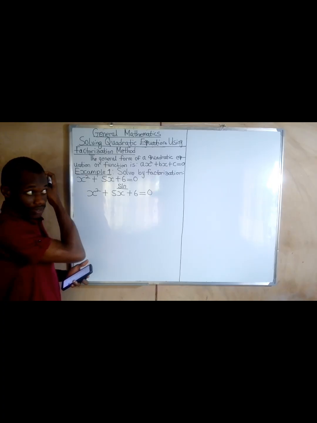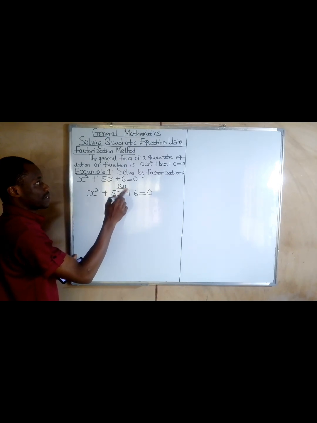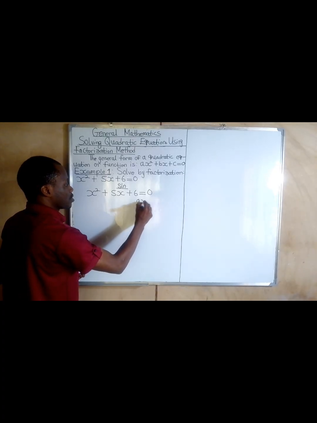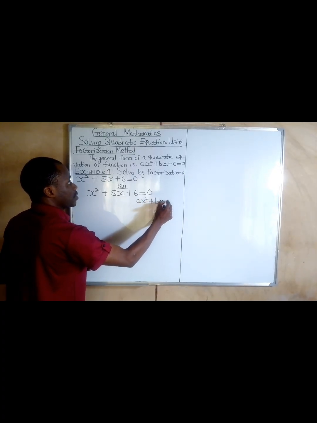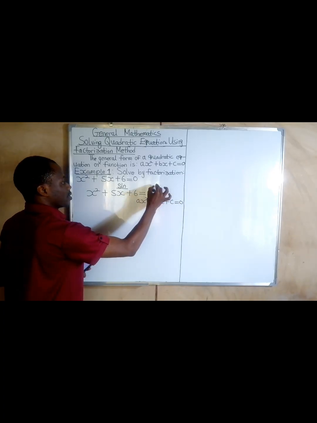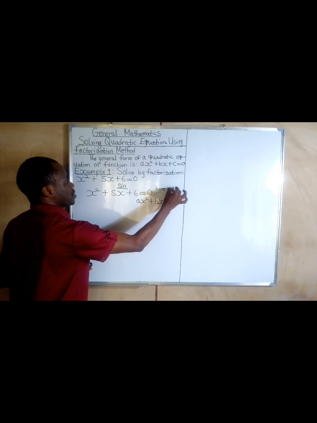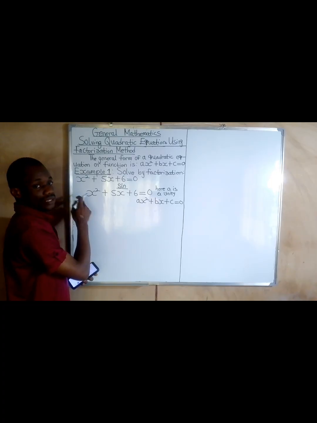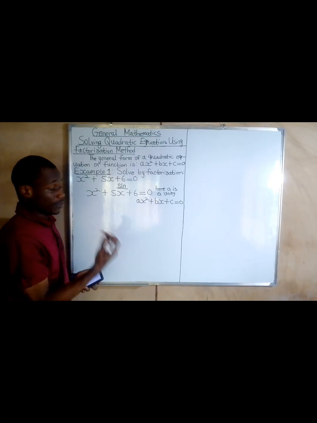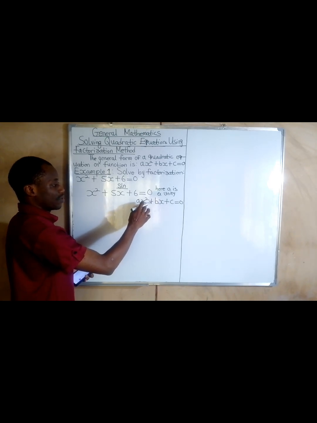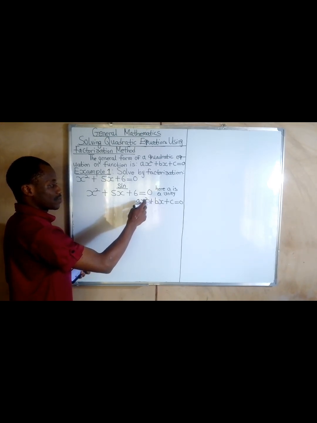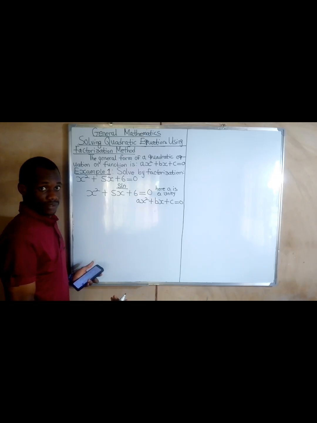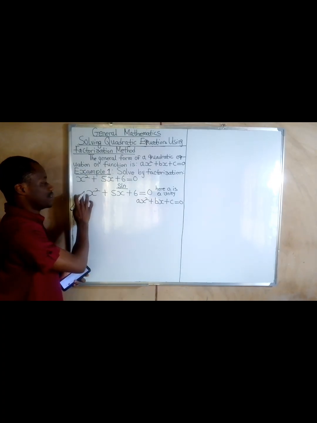When we say a is a unity, like in ax squared plus bx plus c equals 0, what we mean is that the coefficient of x squared here is an invisible 1, and it's not mostly used. The coefficient of x squared is a, the coefficient of x is b, then c is a constant. But this one you have an invisible number.